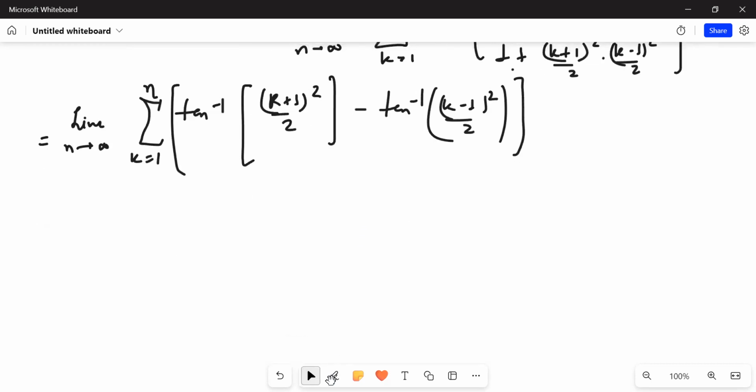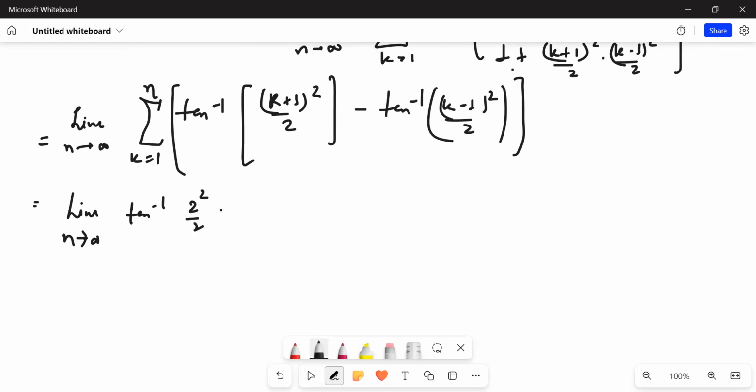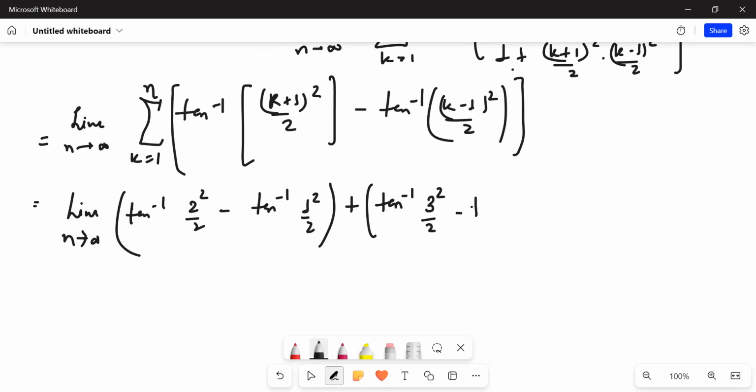If I want to find it, try placing 1 here: you will get tan inverse of 2 square upon 2 minus tan inverse of 0 square by 2. Try placing 2 here: this will be tan inverse of 3 square by 2 minus tan inverse of 1 square by 2.